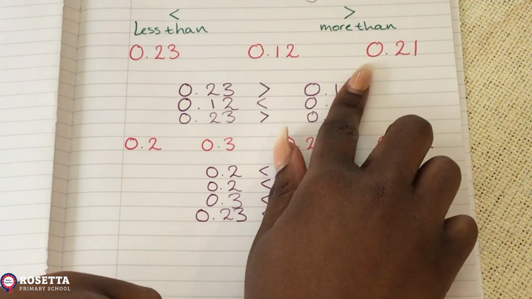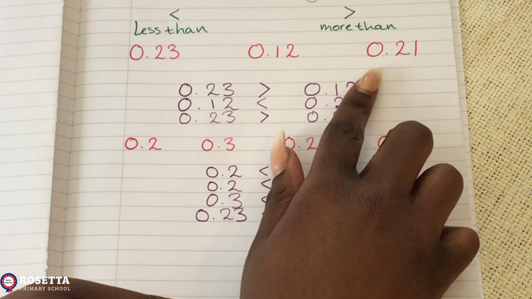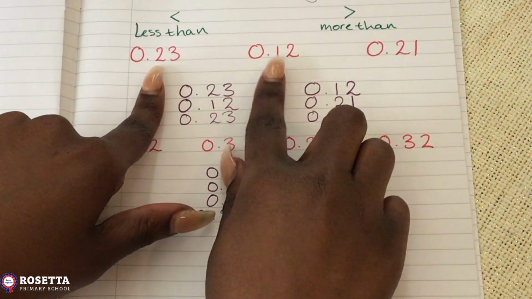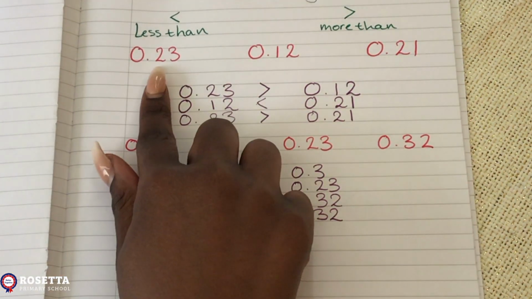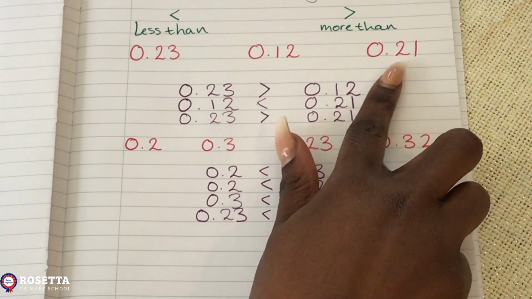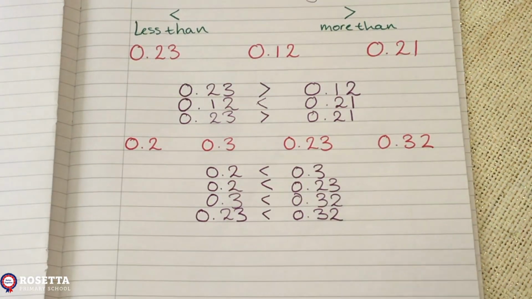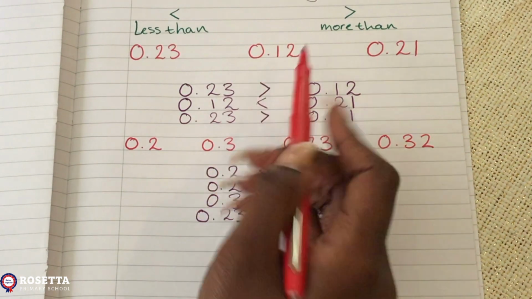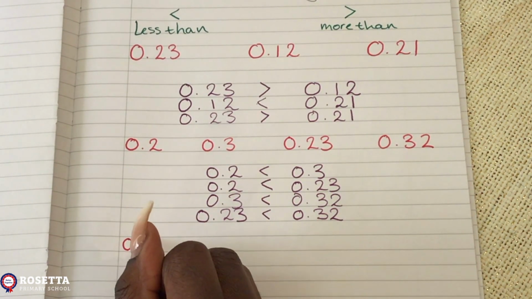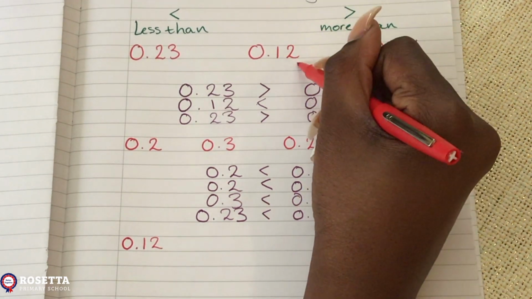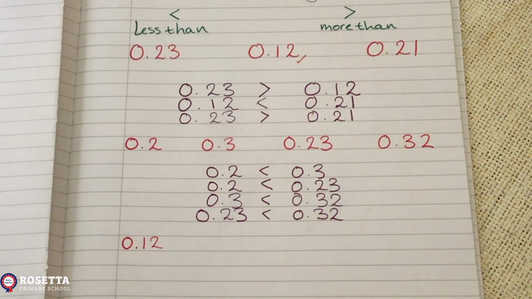All three numbers, as we said before, have no ones. So we move to the next highest place value digit, which is the tenths. This number has 2 tenths, 1 tenth and 2 tenths. So straight away we can identify that 0.12 is the smallest of these numbers. So 0.12 would go first. Done. Then we need to figure out which number would go next.